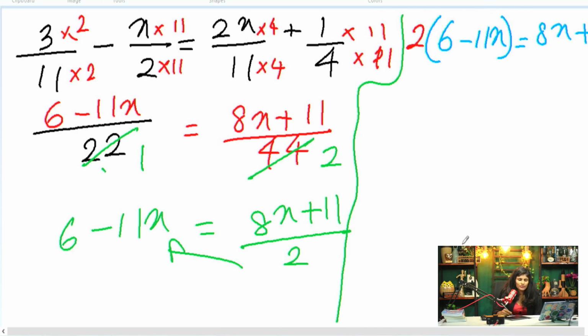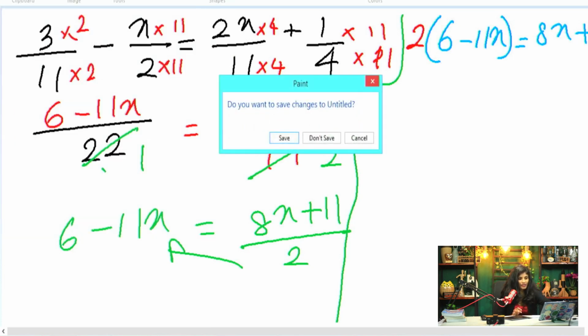Okay. So if you want to note down anything, please note down up to this point, because I want more space. I'm going to erase the board and write the last part which we were in.